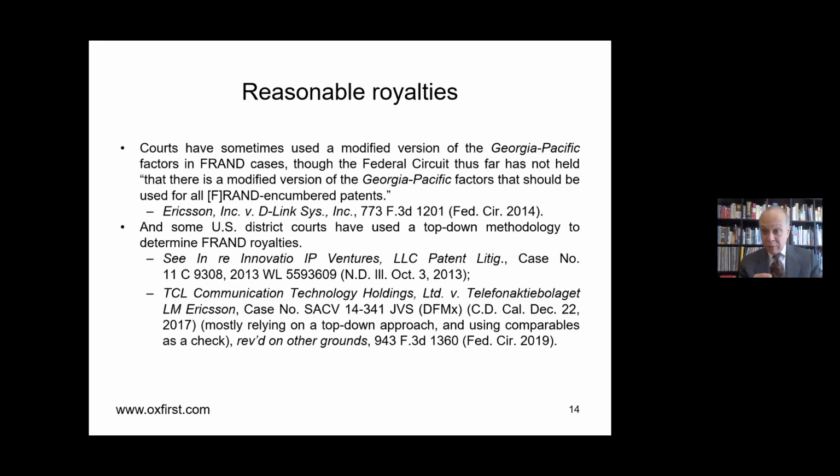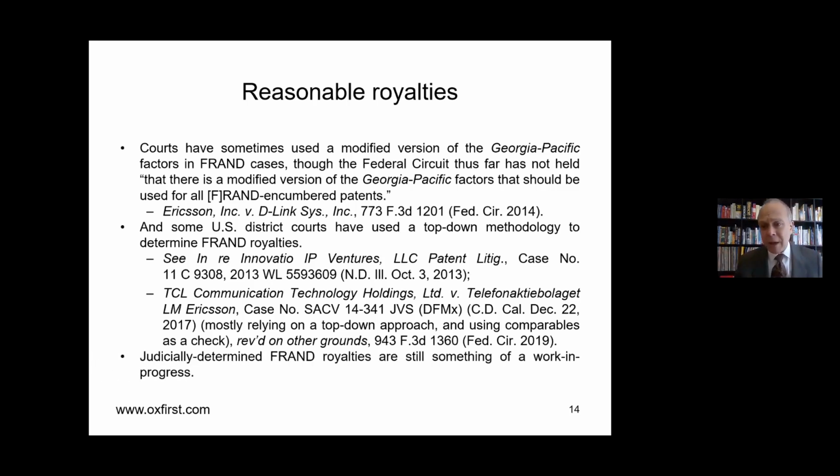Sometimes courts in the US and elsewhere will use top-down as a check on the use of comparables or the other way around. Anyway, for our purposes today, I will just note that judicially determined FRAND royalties are still something of a work in progress in the United States.